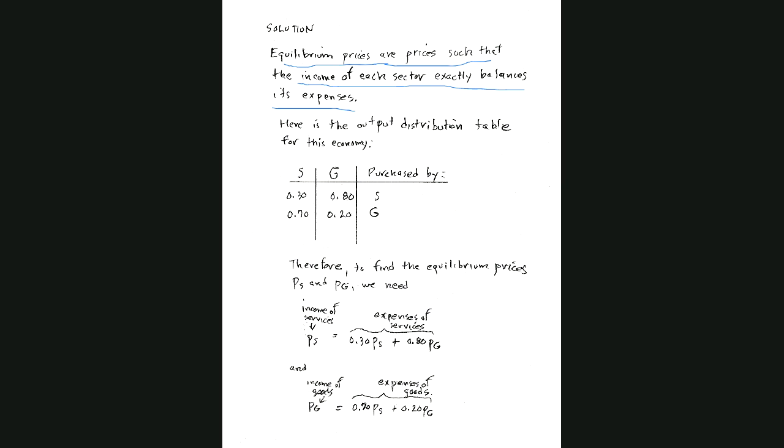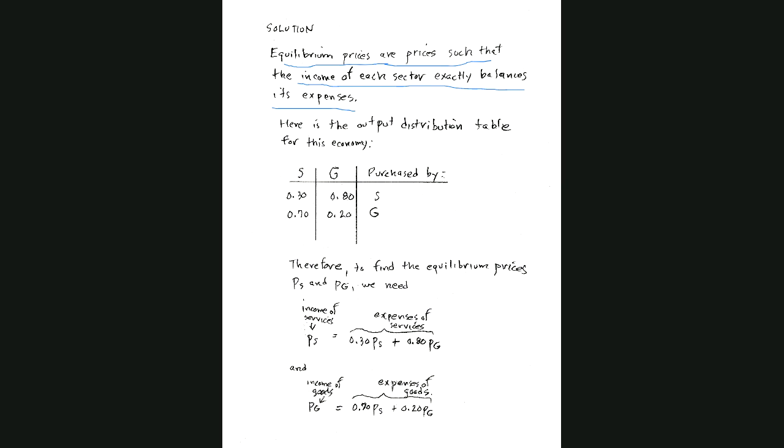So we don't want companies to go out of business. They won't go out of business if the company's income matches its expenses. It will, I guess, break even, but it won't go out of business.